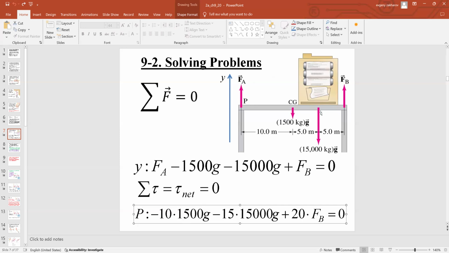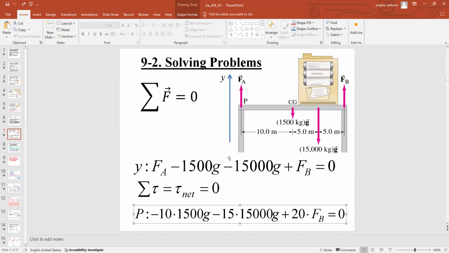Next force is gravity from the printing press, from this load. Once again, this is the line of action. Up and down, you extend this line, and this is your line of action for this force. And this is the axis of rotation. So the minimum distance is 10 and 5, so the total is 15. So moment arm is 15. Force is 15,000 g.